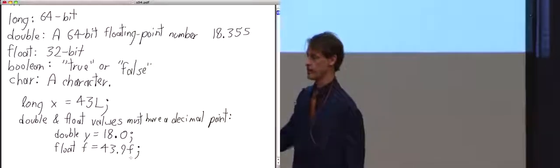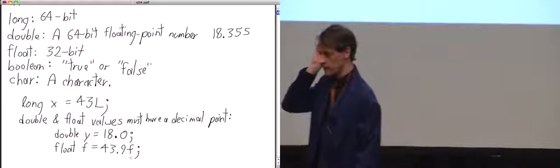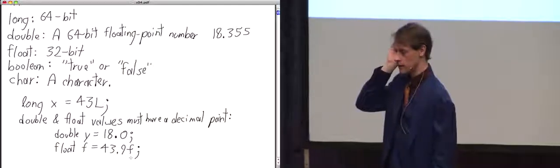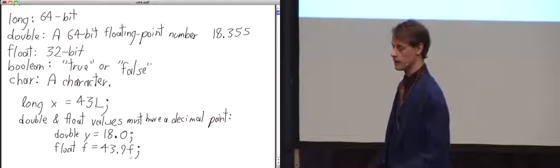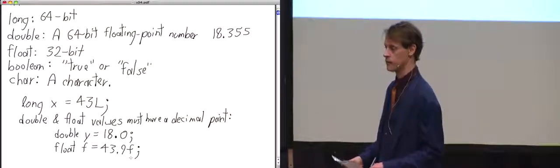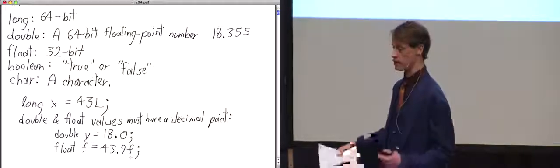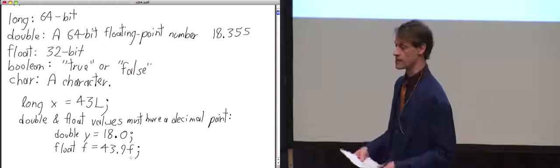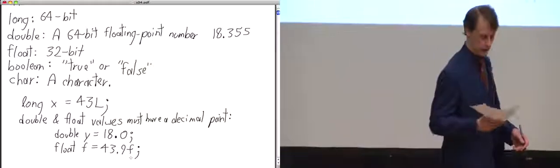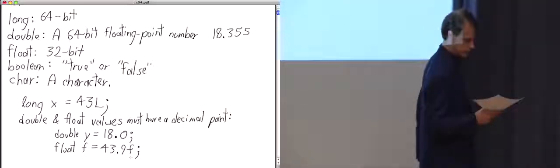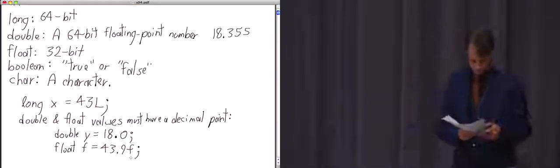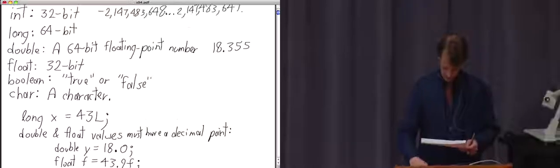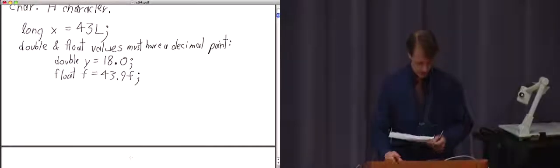Question? So it's not like a string. Characters really are expressed differently in Java as well. So a character value, did I write this down? I guess it's coming later.